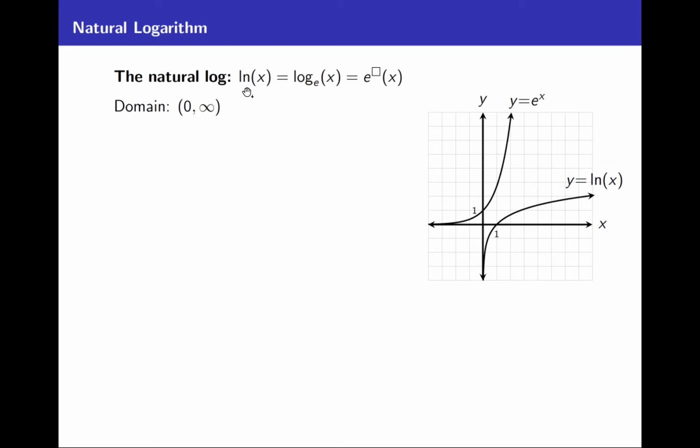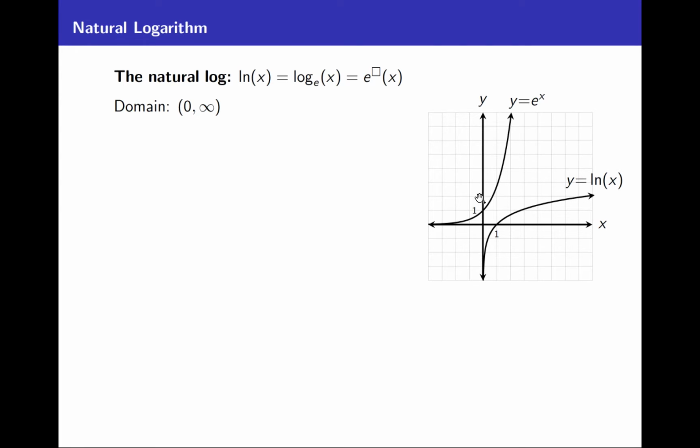Let's look at properties of ln of x. We're pretty familiar with exponential functions, so we know all of their properties. ln of x is a very important function, so its properties deserve mention. The domain of ln of x would be the range of its inverse, e to the x, so that's all positive numbers. So the domain is the interval from 0 to infinity.